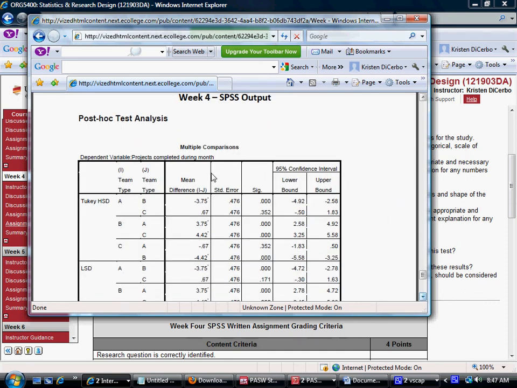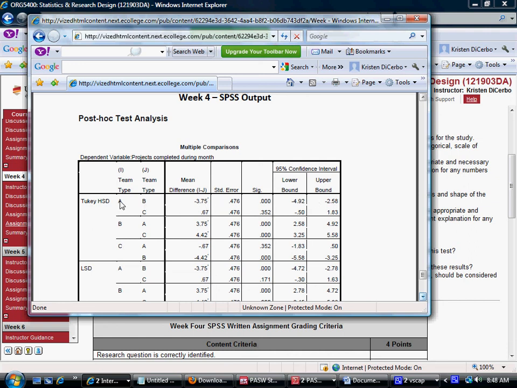And so what we're looking at in the next section down are these post hoc test analyses. This is going to be the comparison, and I like the Tukey HSD right here. This is the comparison of each team with each other team. So here's the comparison of team A to team B on the first row.